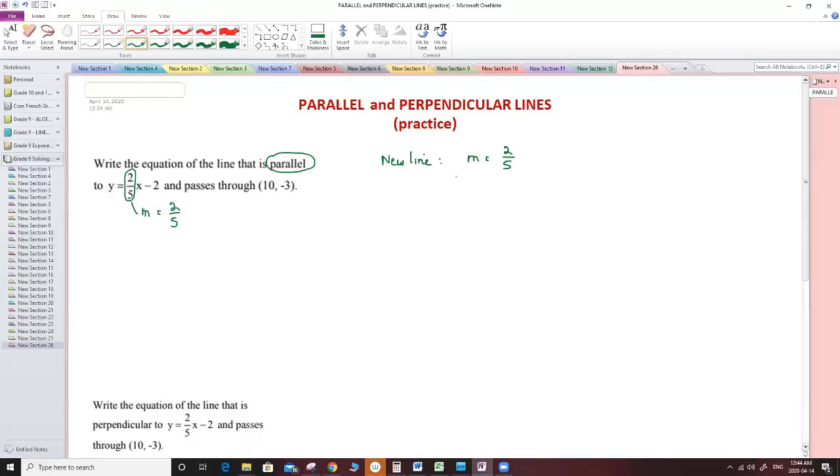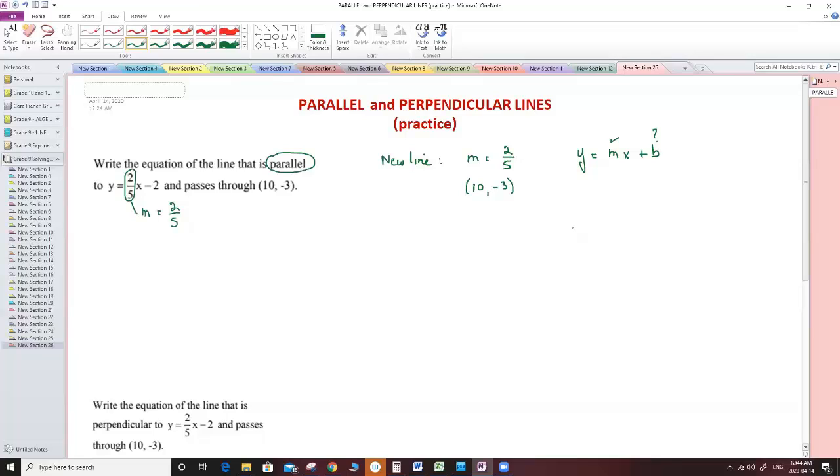Additionally, the new line passes through the point (10, -3). So I have two things. Now, if I have the slope, I can use it in the equation y = mx + b. However, I don't have the y-intercept.